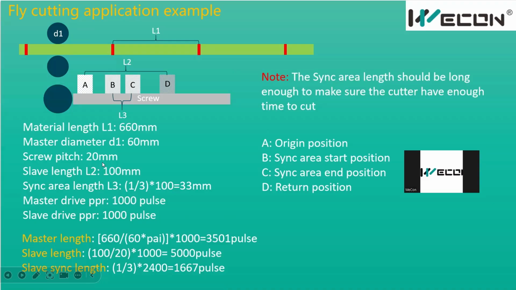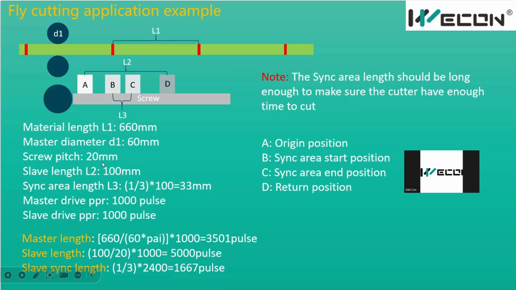If they have a reducer, we need to calculate it with our reducer. So here, after calculating, the result of our slave length is 5,000 pulses.